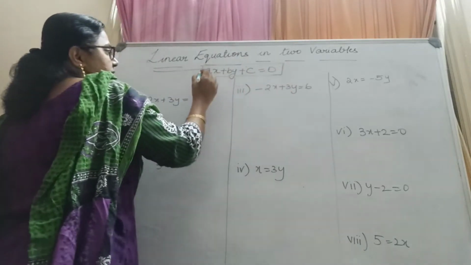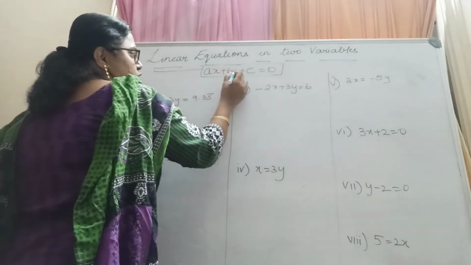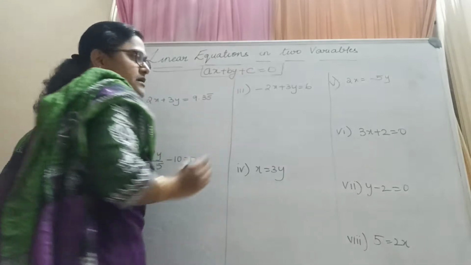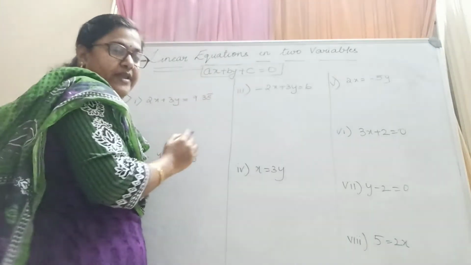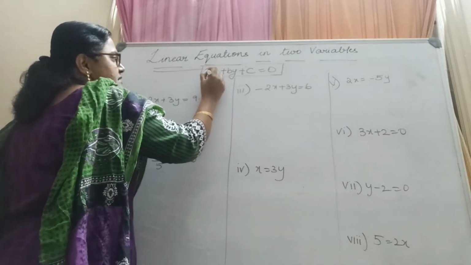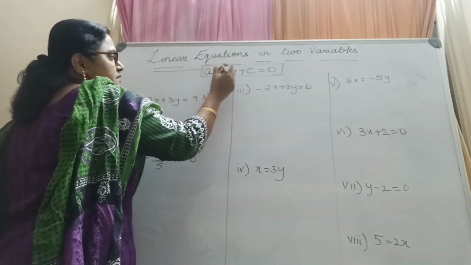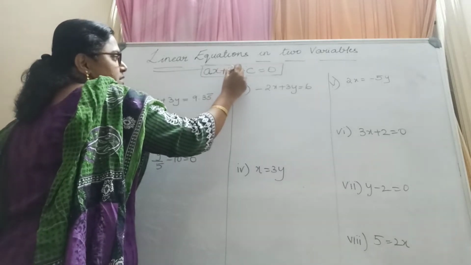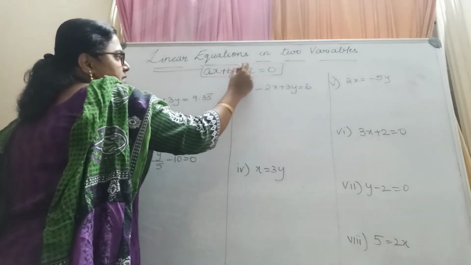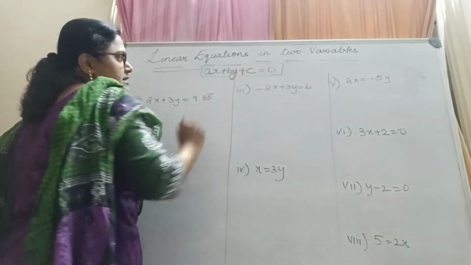Right? a is the coefficient of x, b is the coefficient of y, and c is the constant. There are two variables in this, x and y.